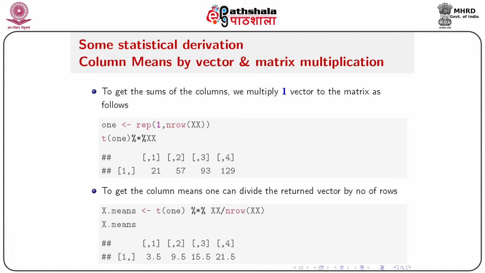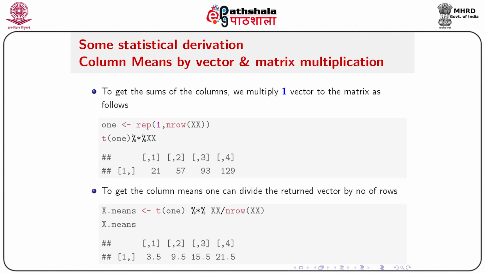To get the sum of the columns, we multiply a vector of ones by the matrix as follows. Suppose you want the sum of the columns of a matrix. Existing functions are there, but I'm trying to show how you can use the vector and matrix concept to get some derivations, avoiding loops or existing functions.